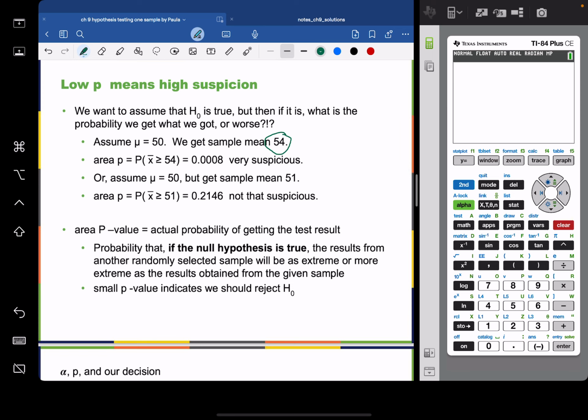We find the probability that x bar is greater than or equal to 54, and we learned how to do that by doing second distribution, normal CDF, 54, 1E99, mu is 50, and the standard deviation, I'm going to tell you in a future slide, is 4 divided by the square root of the sample size.